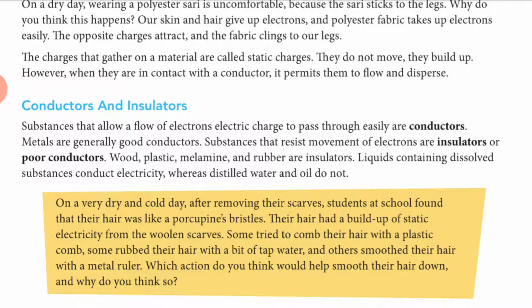But a substance which does not allow electrons to pass or resists the electrons passing through it is called an insulator, right? Or it is also called a poor conductor, like wood, plastic, rubber. If we discuss pure water like distilled water, it is also an insulator. But when any impurities are added to this liquid, it behaves like a good conductor, like salty water.